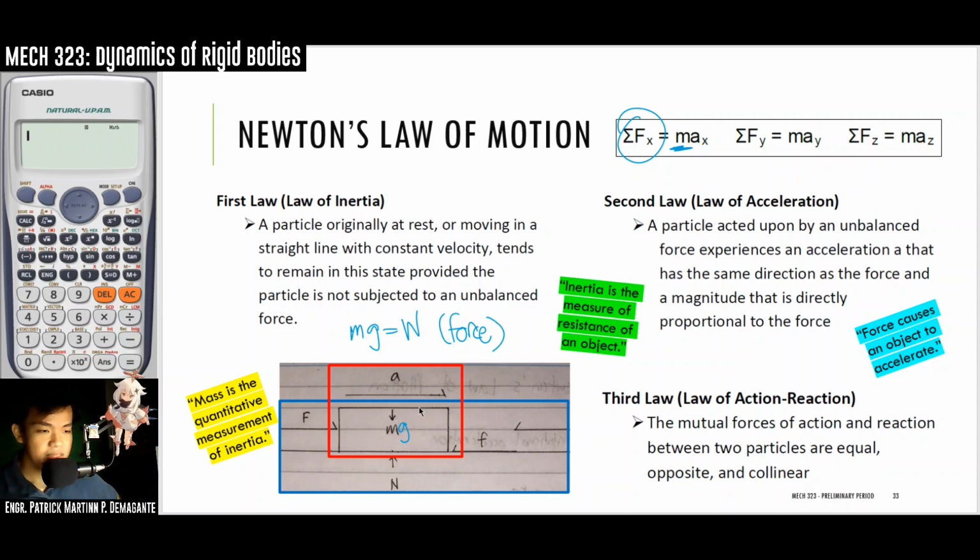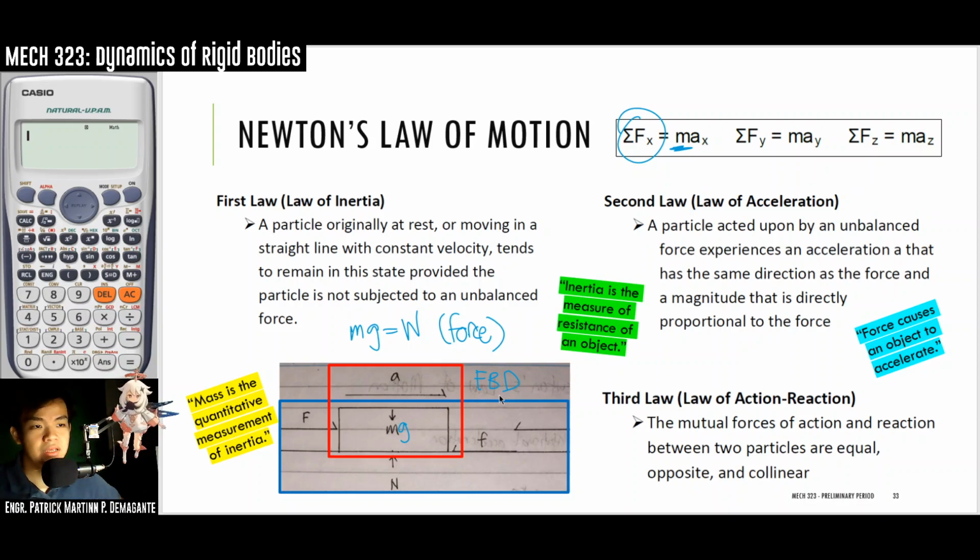So, yung mga nasa loob ng box na yan, yung blue na box, ang tawag natin dyan is yung ating free body diagram, or mas kilalang FBD. Ang free body diagram ay mahalaga para mag-solve ng kinetics problem.